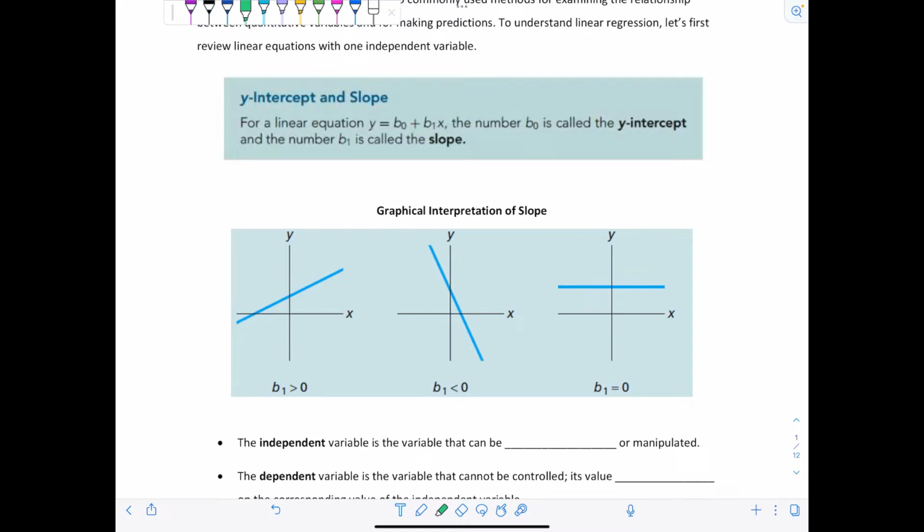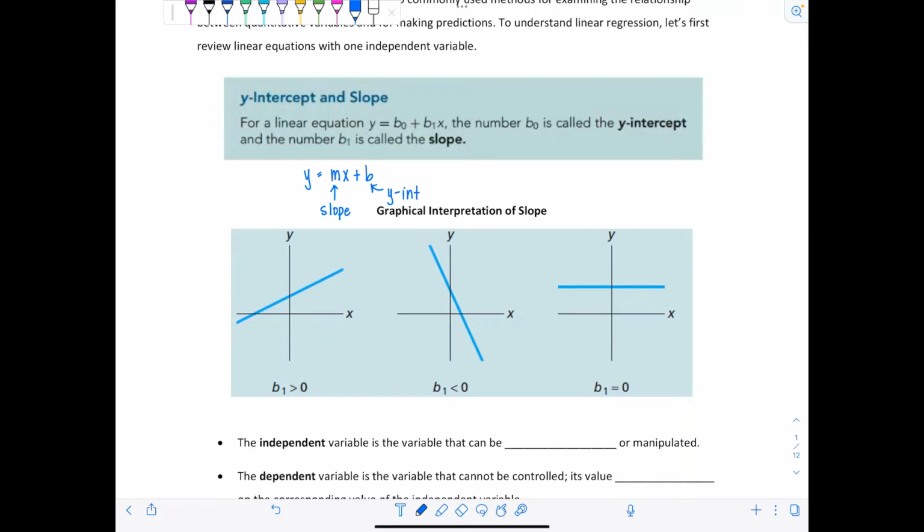Now this is probably different for most of you because when you're taught how to write the equation of a line in slope-intercept form in algebra, you've probably seen y equals mx plus b, where m is the slope and b here is the y-intercept, right?